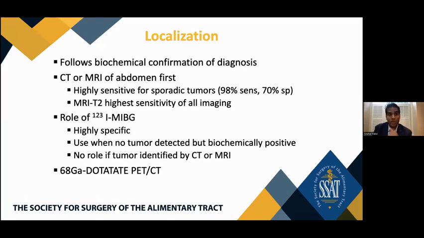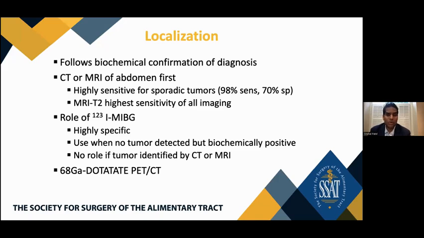And as Dr. Yip mentioned, CT, but for pheos, MRI has the highest sensitivity with the T2 uptake on it. And so both of these will have the highest sensitivity for the pheos. The role of MIBGs, it's not necessary. The times that we'll get an MIBG are if you're worried about extra-adrenal tumors, more familial or malignant.